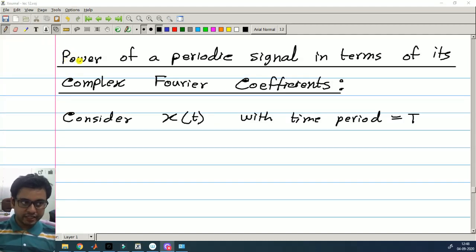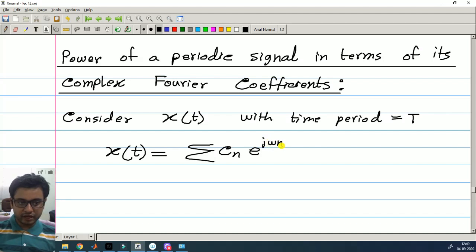We are going to derive an expression for the power of a periodic signal in terms of its complex Fourier coefficients. Imagine a periodic signal x(t) with time period T, for which the complex Fourier series looks like this: Cn e to the power j omega n t summed over n equal to minus infinity to plus infinity, and these coefficients Cn are known to us.